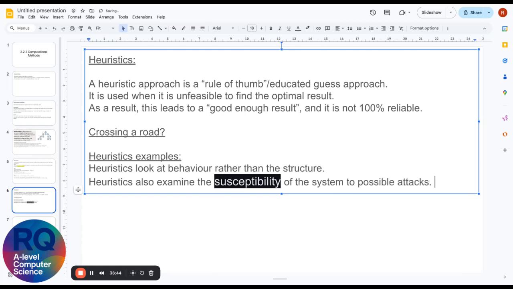So, going back to the summary quickly: heuristics look at the behavior rather than the structure. Heuristics also examine the susceptibility of the system to possible attacks.